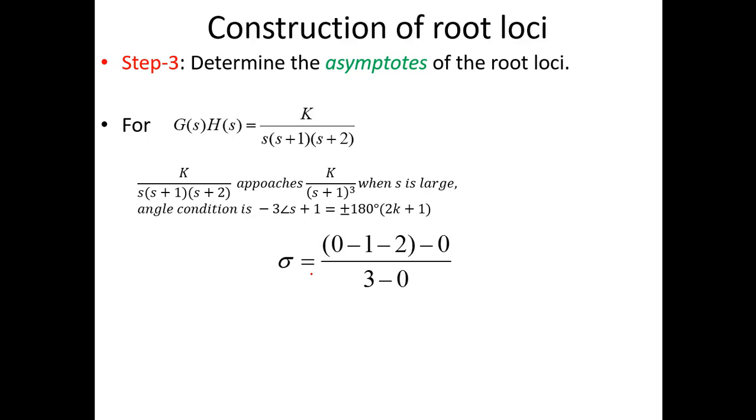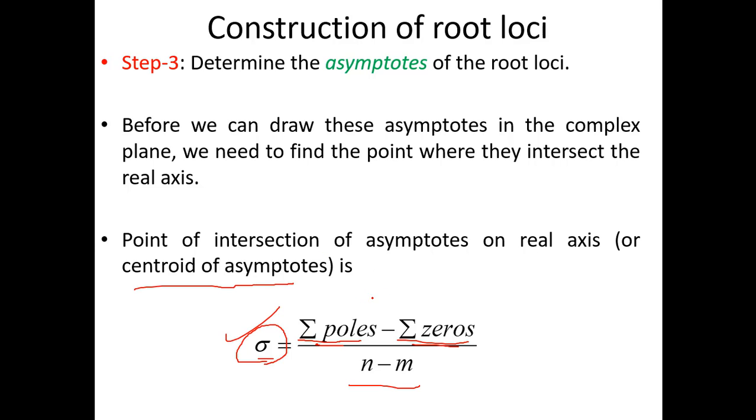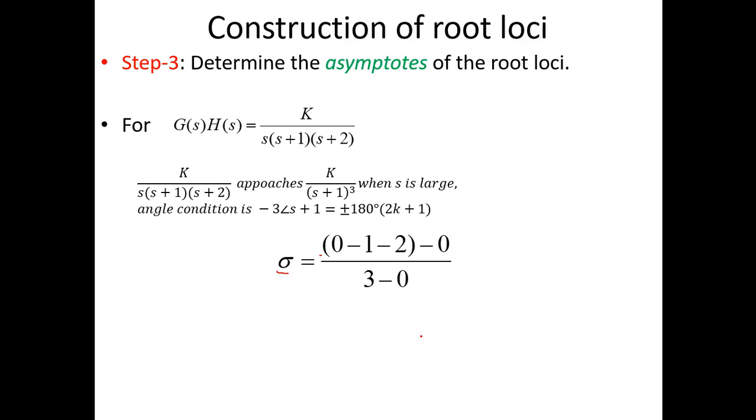The summation of poles is 0, minus 1, minus 2, minus the summation of zeros. There are no zeros, so minus 0, and there are 3 poles and no zeros, so we divide by 3 minus 0. So minus 3 divided by 3 gives us minus 1. So you can see that the asymptotes are originating at minus 1.